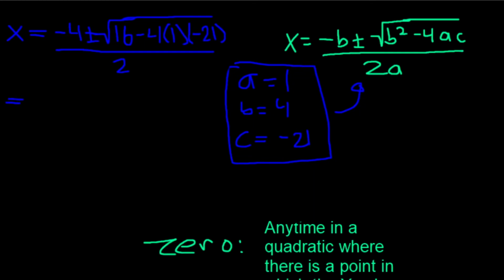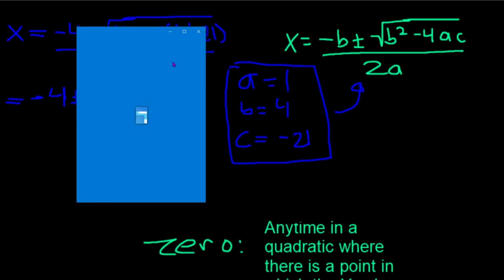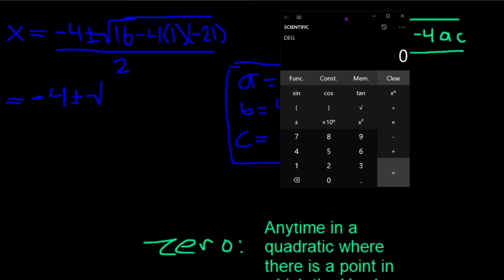Now we can slowly simplify until we get our answer. Negative 4 plus or minus the square root of 16 minus 4 times 21. Negative 4 times negative 21, so the negatives cancel out. 4 times 21 is 84, and 84 plus 16 gives you 100.